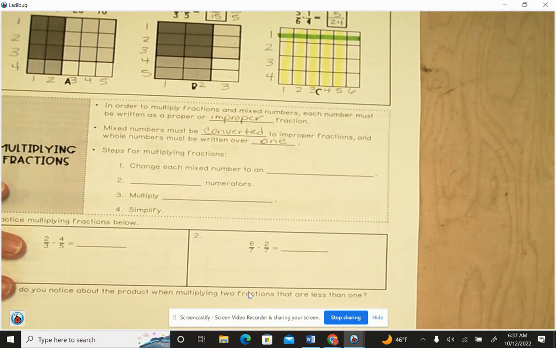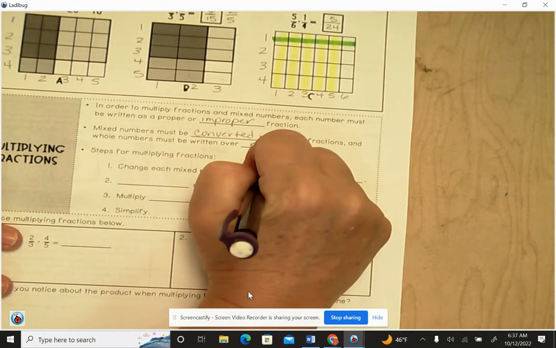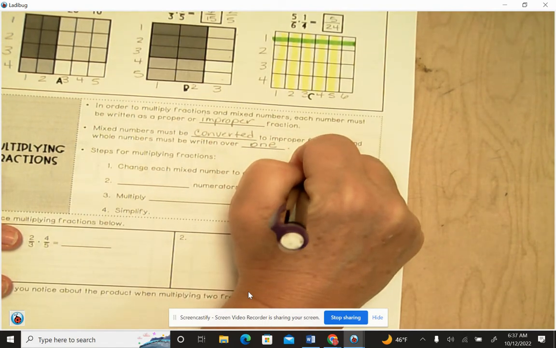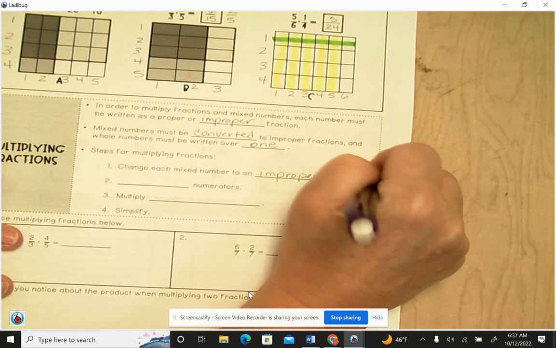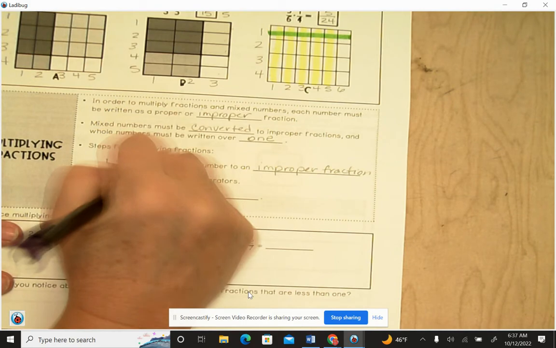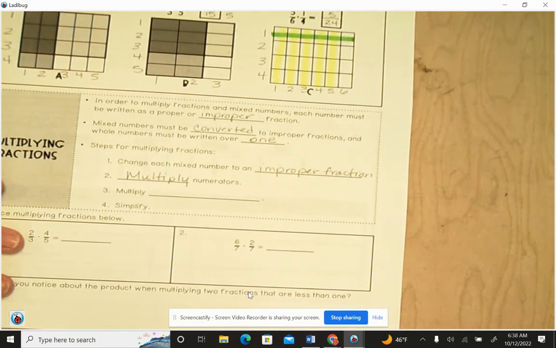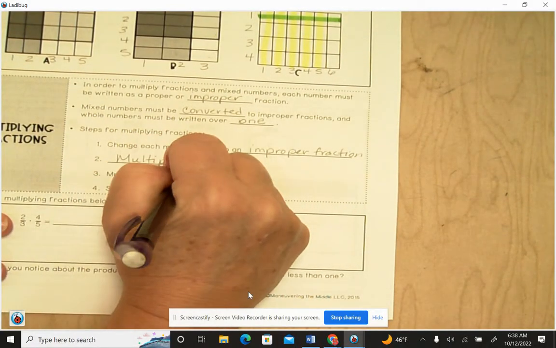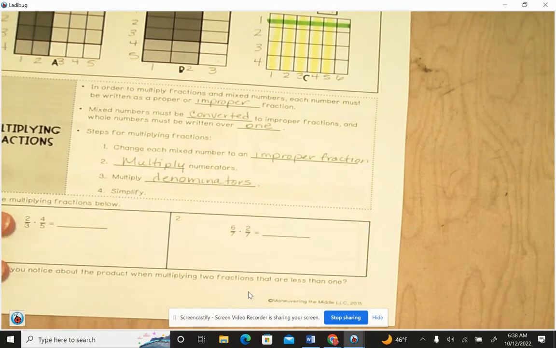Okay, so the steps for multiplying fractions are: change each mixed number to an improper fraction, multiply the numerators, multiply the denominators, and simplify.